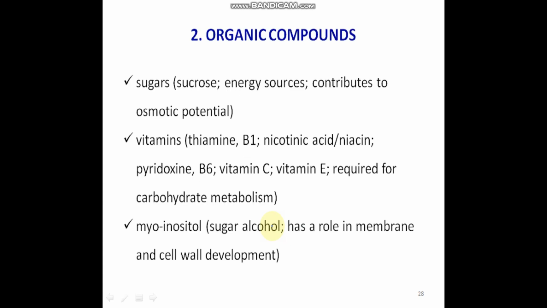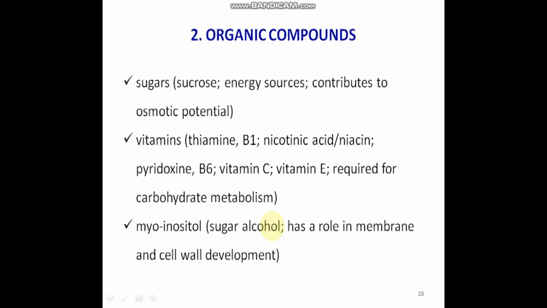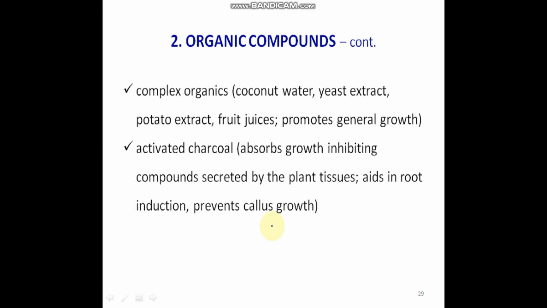Next are organic compounds such as sugars, vitamins, and myo-inositol. Sugars help with osmotic potential, vitamins are for carbohydrate metabolism, and myo-inositol is for membrane and cell wall development. Then you also have complex organics such as coconut water, yeast extract, and potato extract. All these promote general growth.